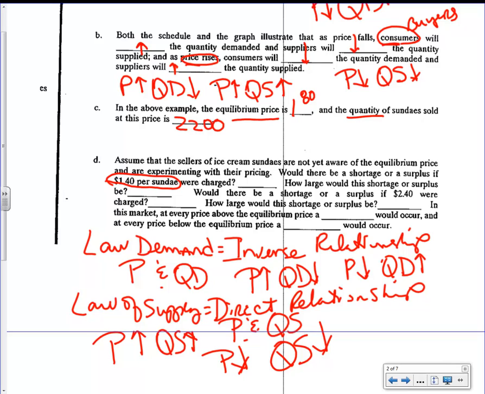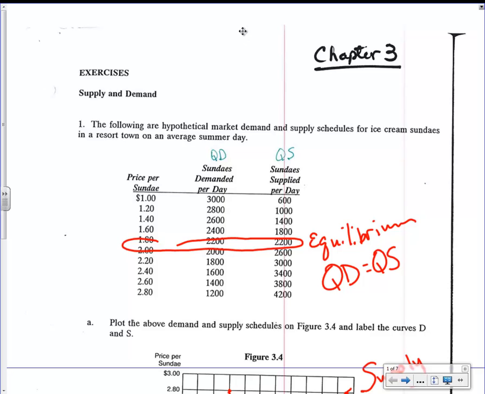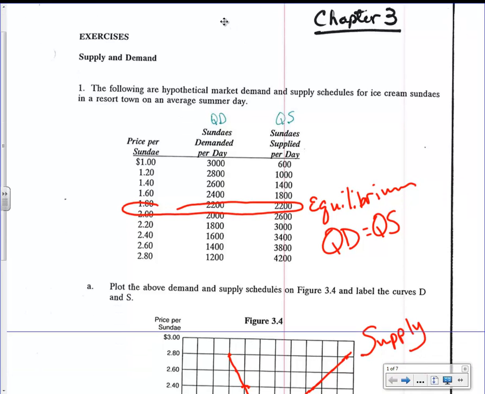You can look at it from the table or from the graph. At $1.40, quantity demanded is 2,600 and quantity supplied is 1,400. The difference of those is 1,200 Sundays.